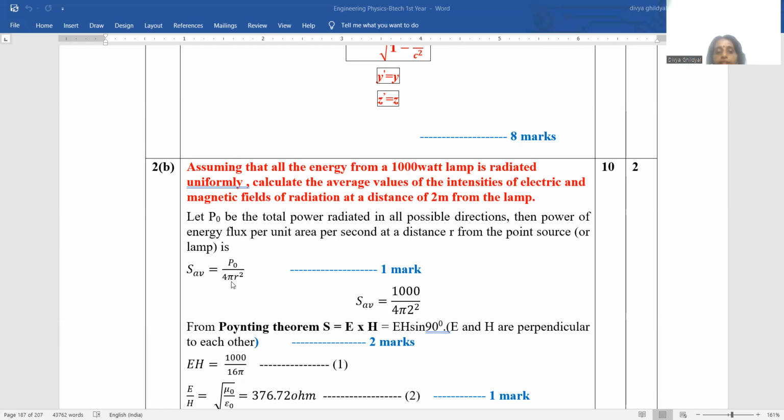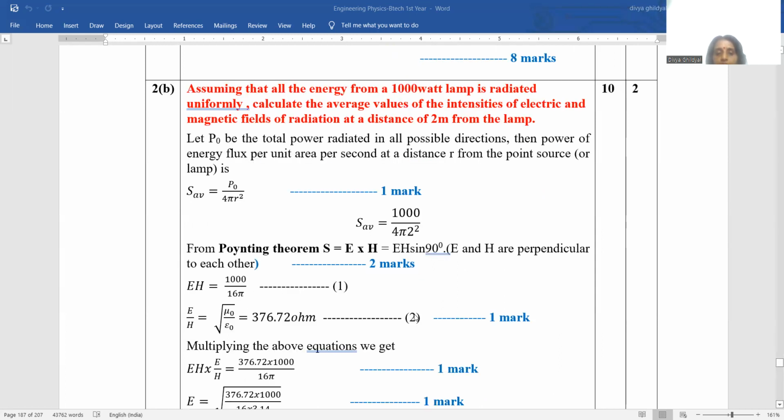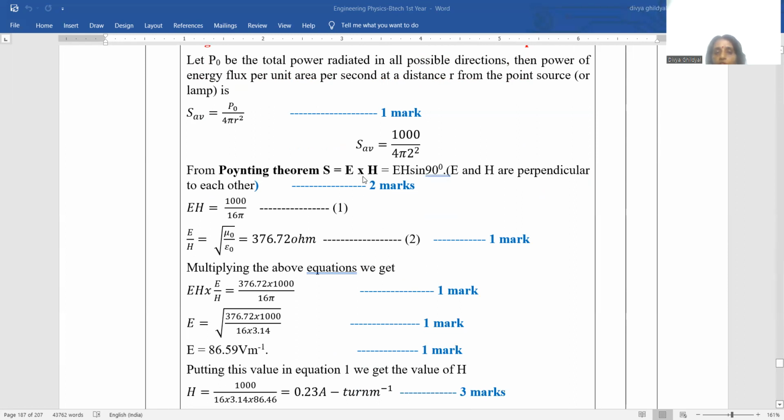So I will write the formula for sphere, 4 pi r square, surface area of a sphere. R here is given to me as 2 meters, and from Poynting theorem, S is equal to E cross H. E and H are perpendicular to each other, 90-degree angle, hence S is equal to EH. So EH is equal to 1000 upon 4 pi into 4. 2 square is 4. So 4 fours are 16.